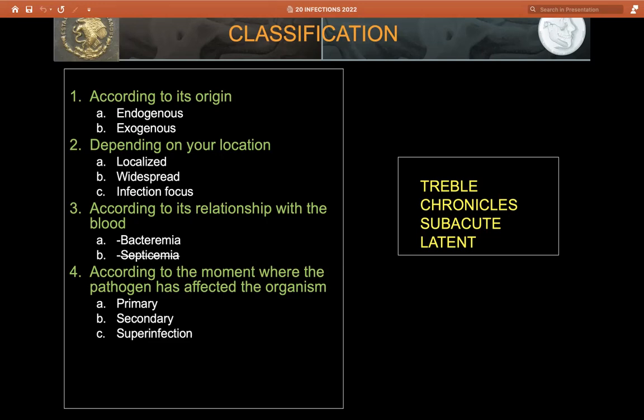Now, regarding the different times, we could have an acute infection, a subacute infection, a chronic infection, and a latent infection. Acute is an infection that rises really quickly. A subacute infection is an infection that has been there for some time, and then for some reason it starts to become acute.